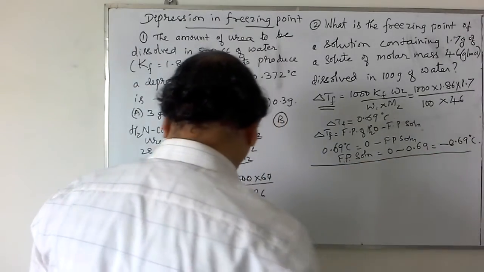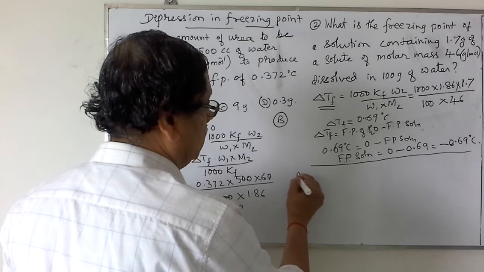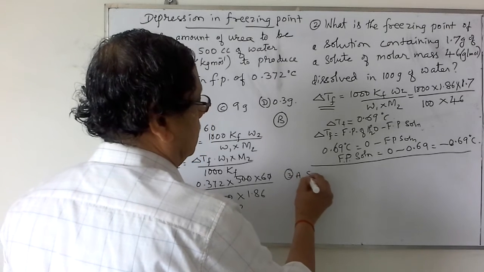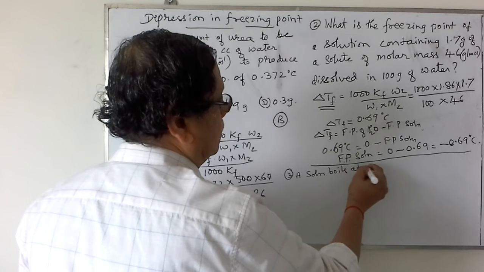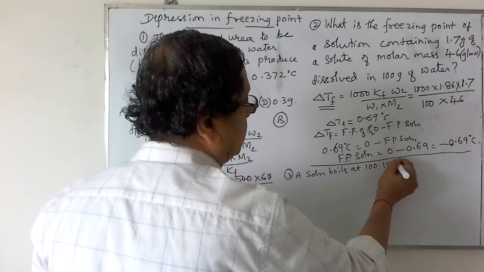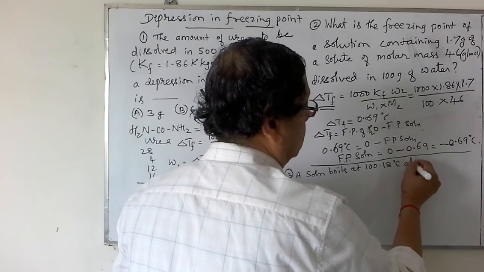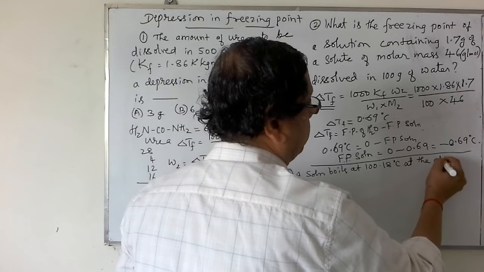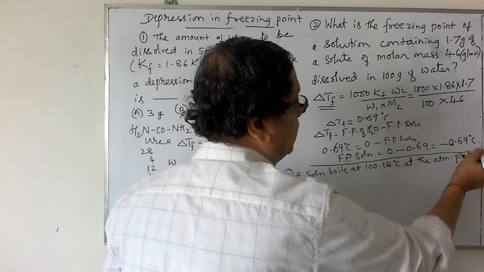The third question that we can have: a solution boils at 100.18 degrees Celsius at the atmospheric pressure.